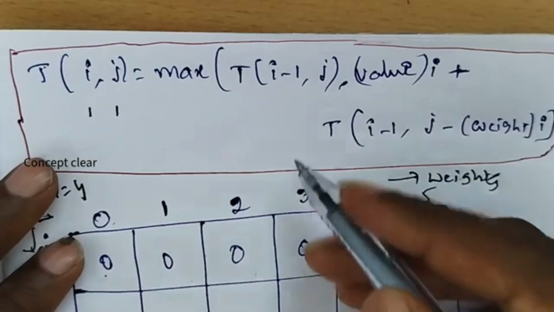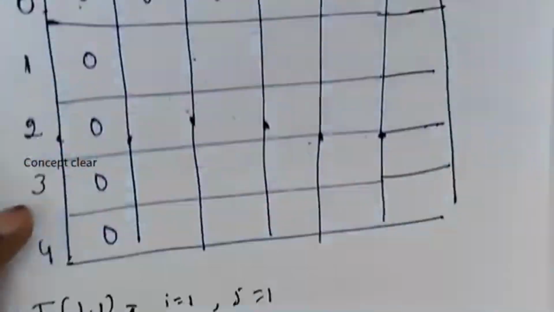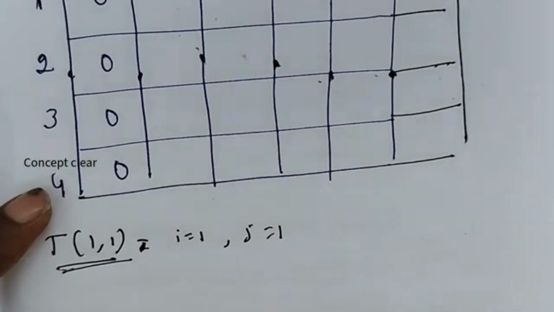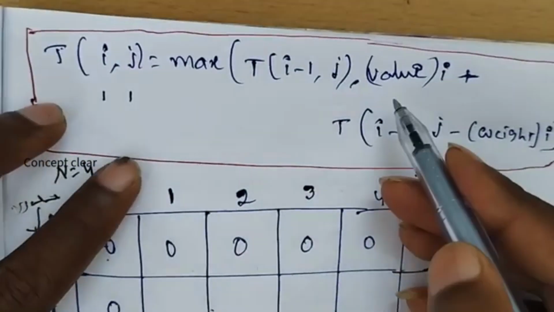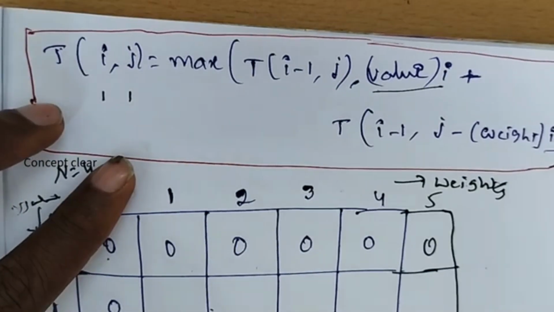To find T of 1 comma 1, according to the formula, we require i equals 1 and j equals 1. We require the value of i.